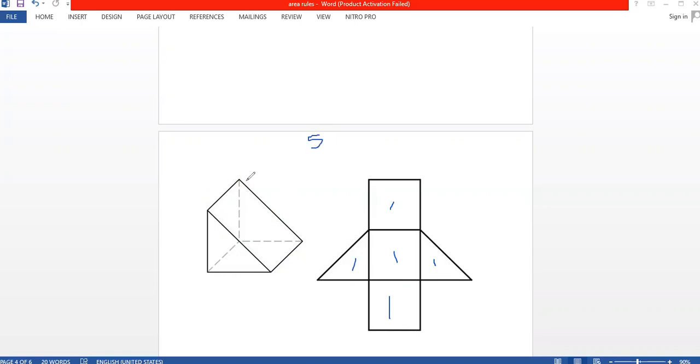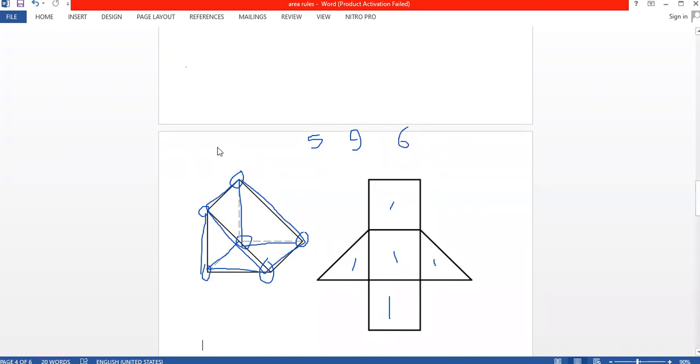The edges: 1, 2, 3, 4, 5, 6, 7, 8, 9. 9 edges. And the vertices: 1, 2, 3, 4, 5, 6. We have 6 vertices.